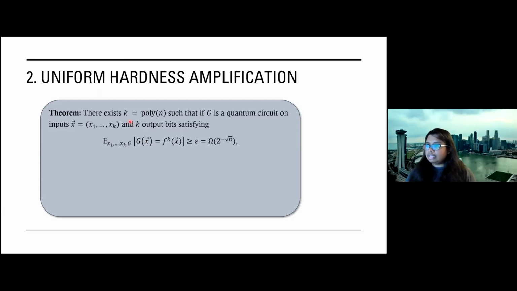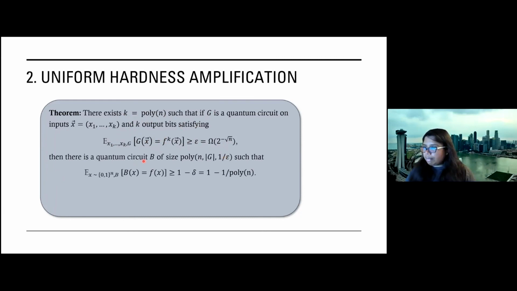The first says that there exists k equals poly(n), such that if I take the k-fold composition of some function f, and I have a quantum circuit G that can compute G(x) equals f^k(x) with error 2^(-sqrt(n)), then there is a quantum circuit B, with polynomial overhead in the size and in the error and so on, such that I can compute a single entry of this k-fold repetition, f(x), with error 1 minus 1 over poly(n).